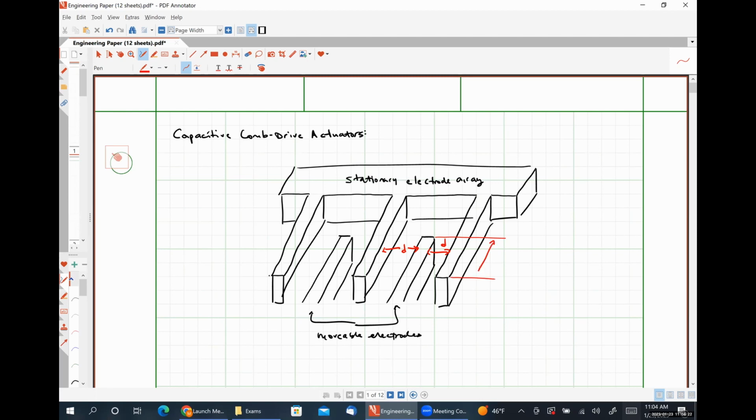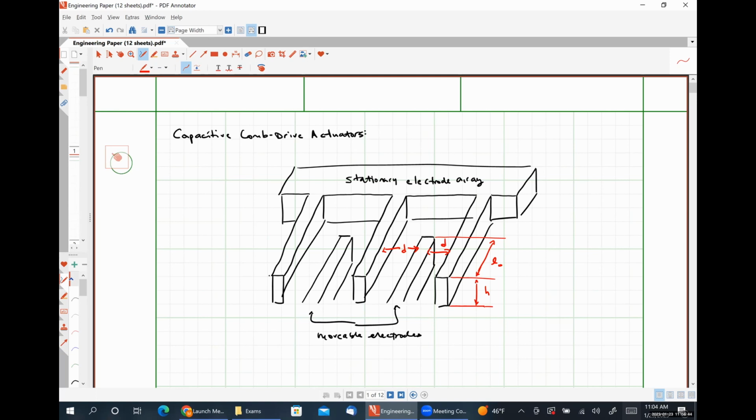So this distance is going to be the initial length of overlap. And then this distance is going to be our initial height of overlap, like so.